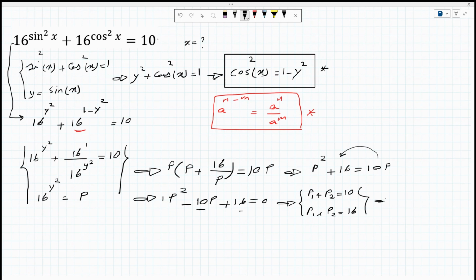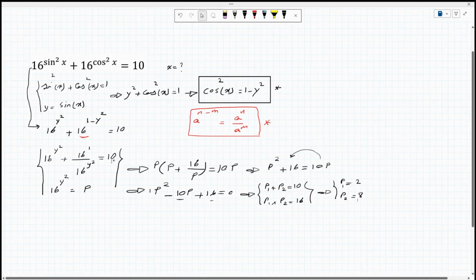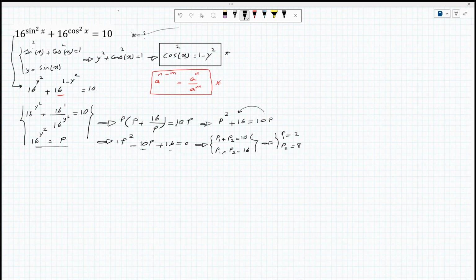By experience we can find that p1 is equal to 2 and p2 equals 8, because 2 plus 8 is 10 and 2 multiplied by 8 is 16. So from now we're going to consider two conditions and solve this for both scenarios.